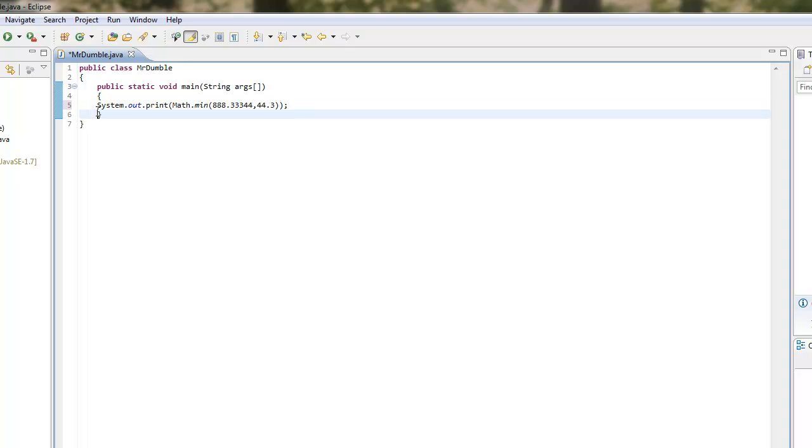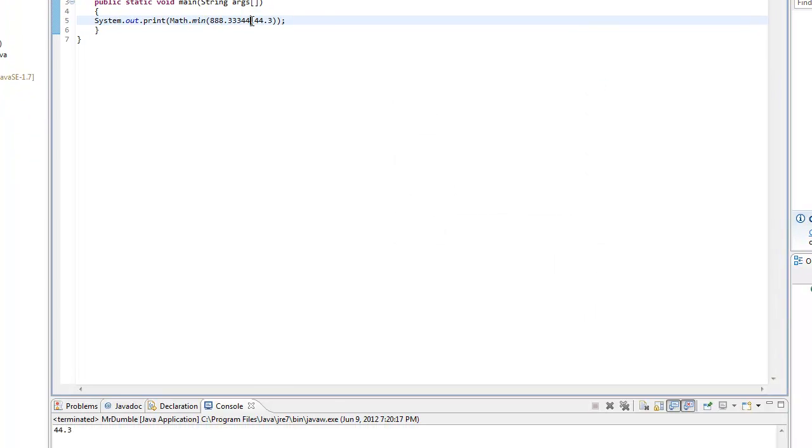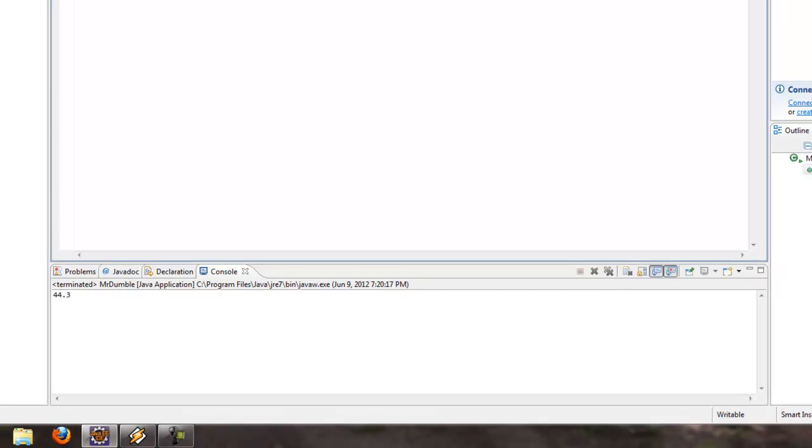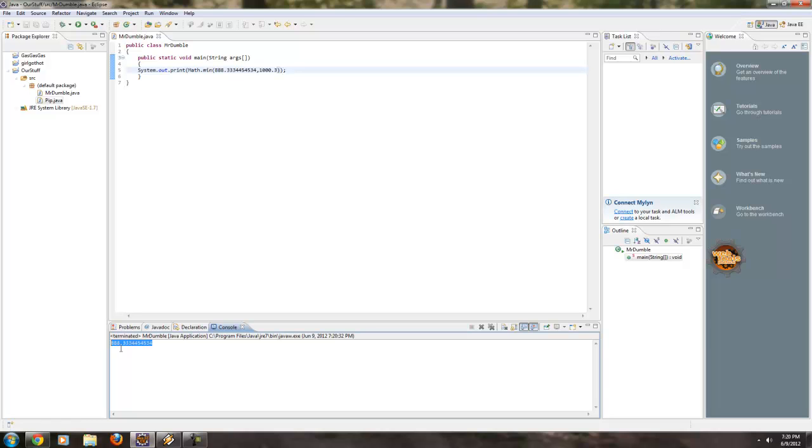Thing is, Java interpreted a regular old 888 as an int, and these, well, it's like doubles to me, because I could just put this beyond the amount of places you would expect a float to be, and I would have to make this one bigger than the other one, because otherwise Java would not care what the decimals look like, because then no matter how many numbers I put after here, it would be bigger than 1,000, because it's still only 888. So, yep, now it's bigger, and Java starts spitting stuff right back at us. What we put in gives us the smaller of the 2 numbers.